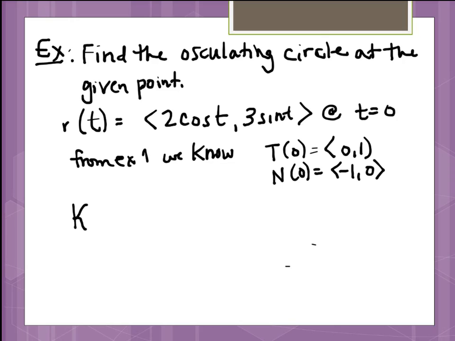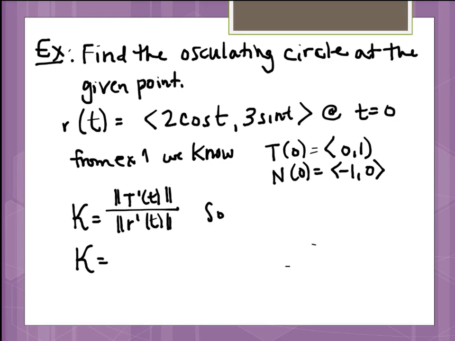So then my curvature, which is the magnitude of T prime of t over the magnitude of r prime of t. So our k would be the number 0, 1, which has length 1.